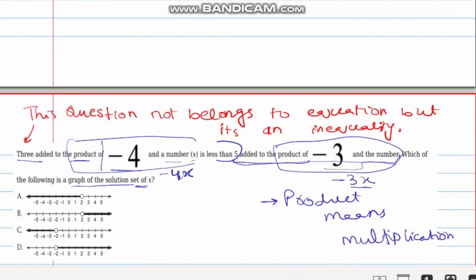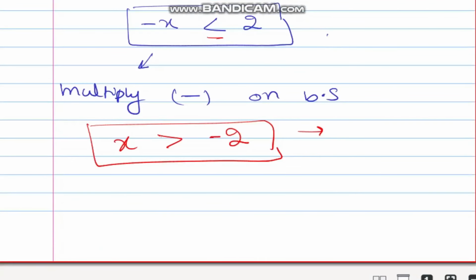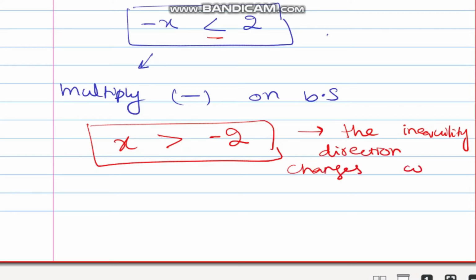Okay, where is the red? So the inequality direction changes when multiplied with the negative number, meaning minus sign.